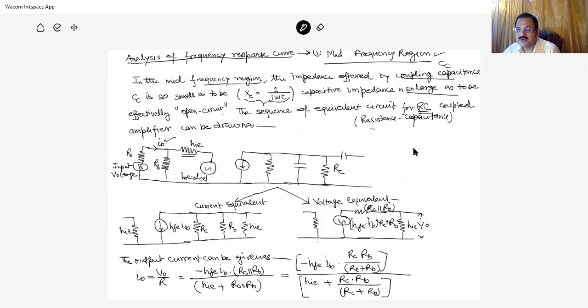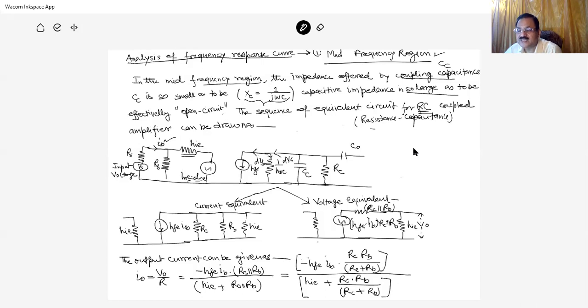Then there is a reverse voltage gain, that is hre. Here it is hfe into dIB, that is the forward current gain. Here this is 1 upon hoe into dVC. This is the another part. This is the CC coupling capacitor, and this is the resistance R, and here it is the output resistance.